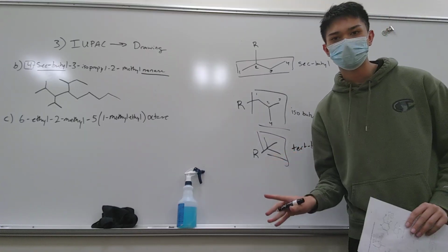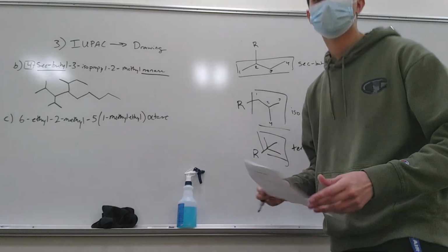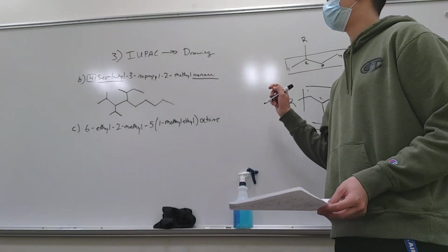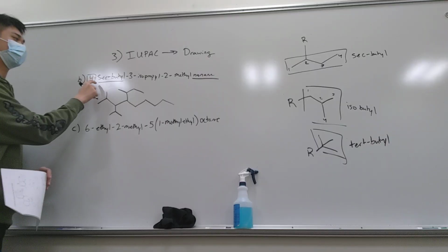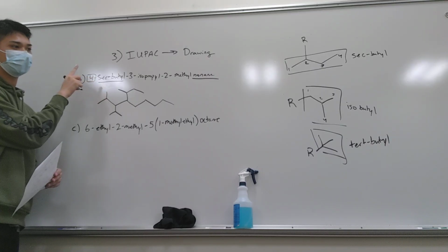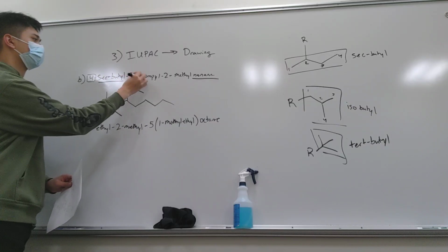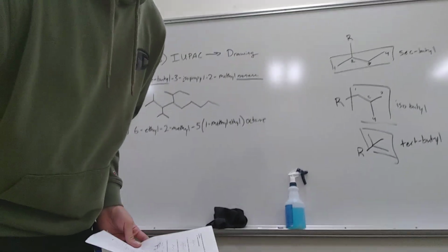Now, you may have noticed that in the naming, we don't alphabetize the S in sec and the T in tert butyl. We only alphabetize the iso. That is one thing you should probably note.